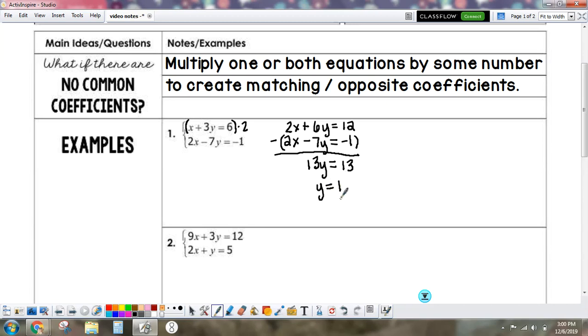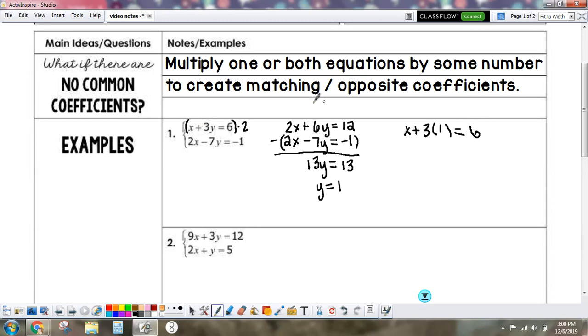So now what I want to do is I'm going to take this and I'm going to plug it back in to the original expression. So I'm going to have my x plus 3 times 1, sorry, I ran out of board space, equals 6.